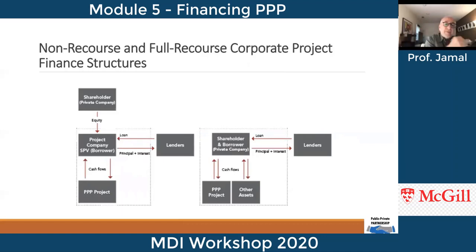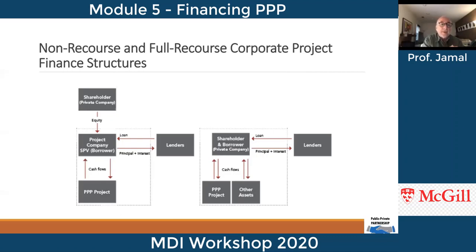If you look at the left side, we have the project company where there is an SPV borrower, and this is when we have a less sophisticated financial market, which again provides financial flow for the PPP project to happen. In return, you expect a cash flow to return to the project company.